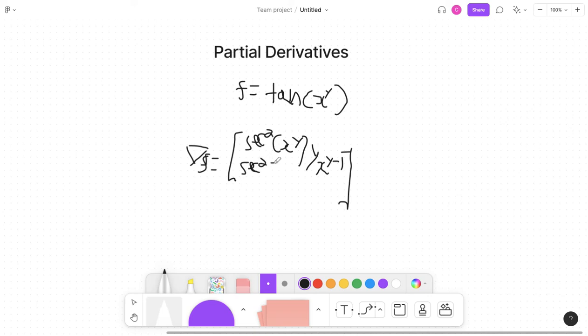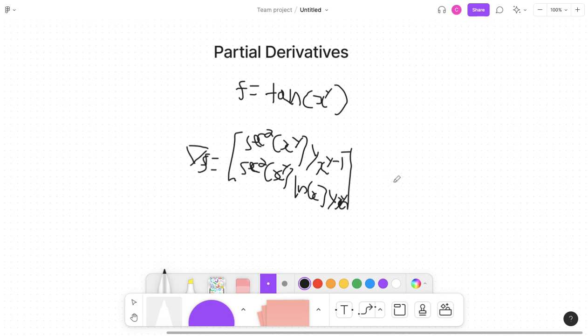Secant squared of x to the y times the natural log of x times y x to the y.